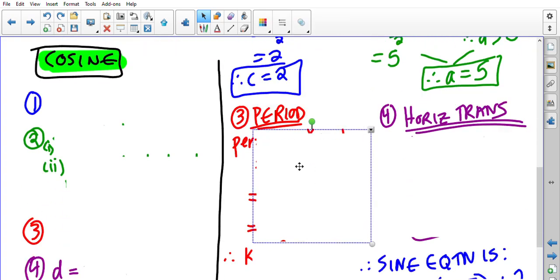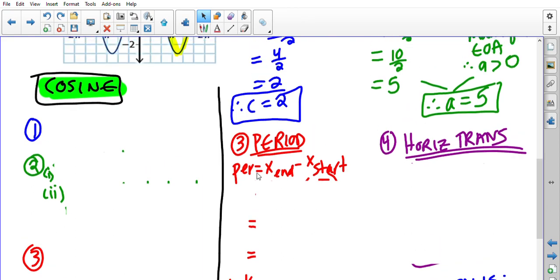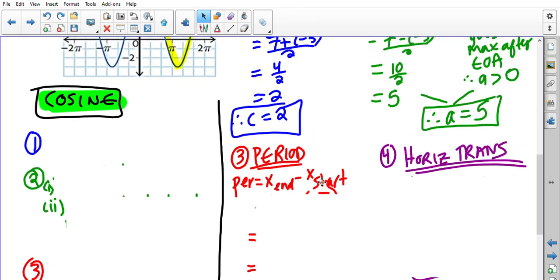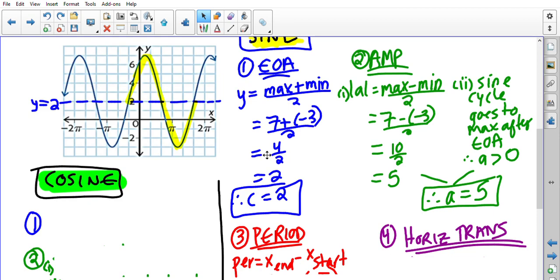All right, the period. A quick way to find the period is by identifying the x-coordinate of the end of the cycle and the x-coordinate of the start of the cycle. So if you notice that here, okay, we need to find this, that's the x of the start, and we need to find this, that's the x of the end. So what's tricky here is we have to figure out what these increments are. So what does each square represent on the x-axis? So we know that 3 squares represents pi.